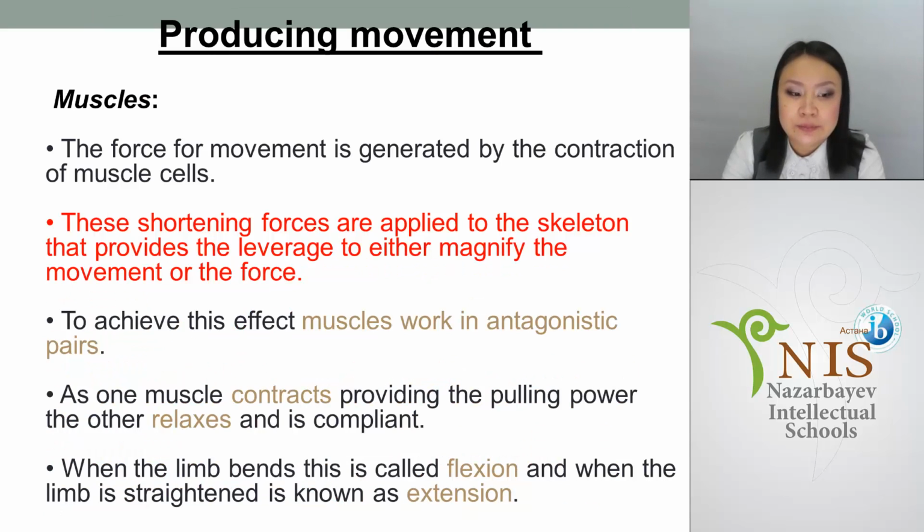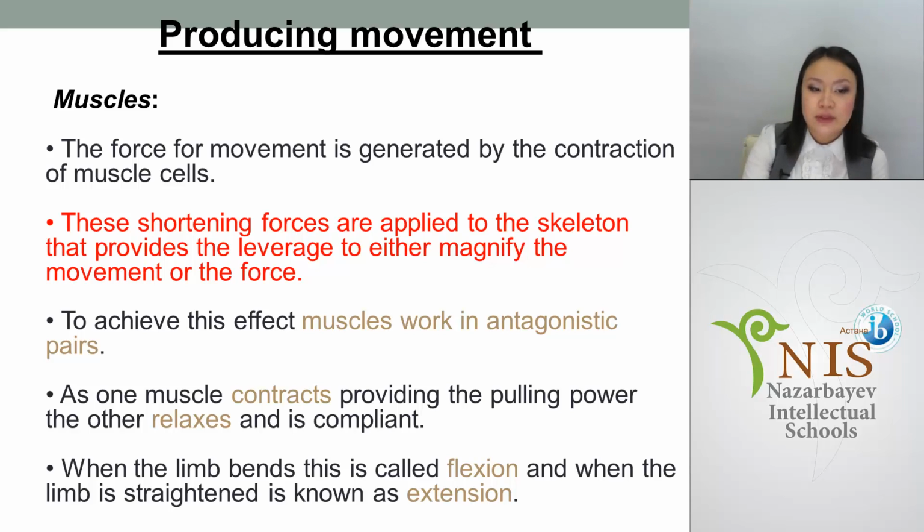Producing movement, muscles. The force for movement is generated by the contraction of muscle cells. This shortening force is applied to the skeleton, which provides the leverage to either magnify the movement or the force.